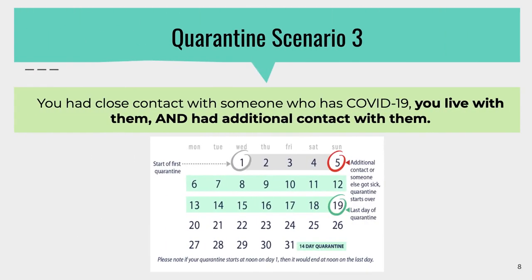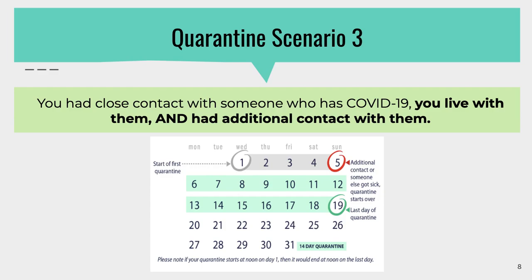All right, next, you had close contact with someone who has COVID-19, you live with them, and then you had additional close contact with them. So, if you are under quarantine and have additional close contact with the infected individual, you will need to restart the 14-day quarantine. Anytime a new household member gets sick with COVID-19 and you had close contact, you will need to restart the quarantine.